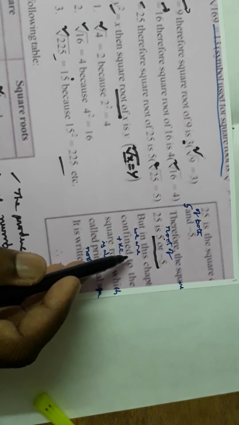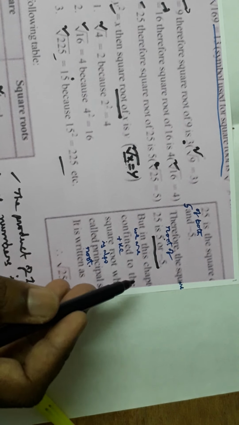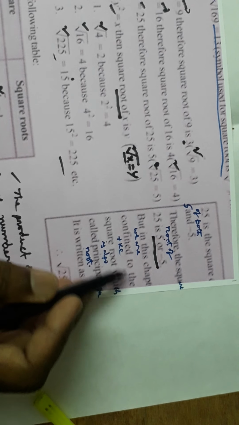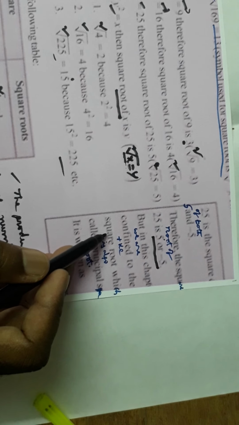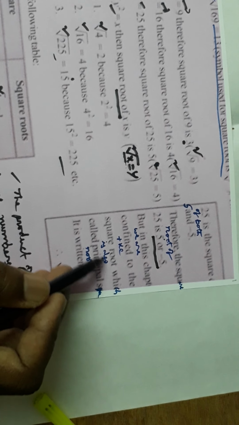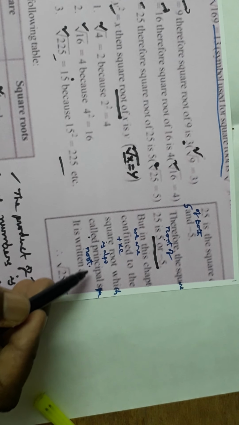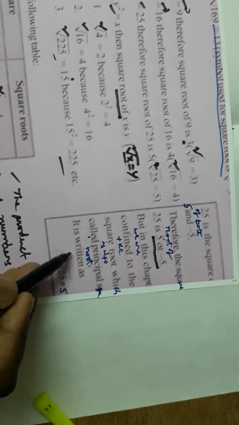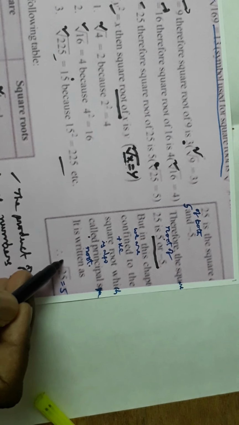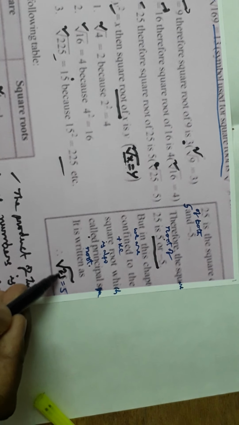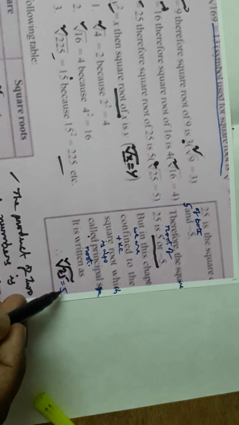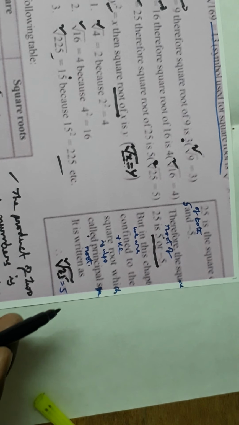But in this chapter, we are confined to the positive square root, which is also called the principal square root. It is written as root 25, or square root 25 is equal to 5. Okay.